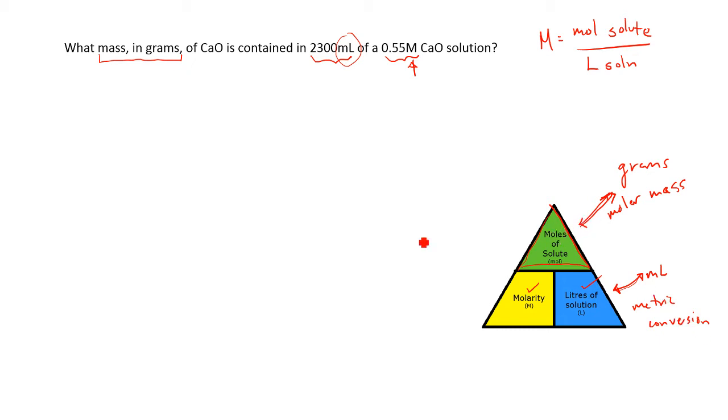Now, because we know that we want grams, but grams is really hiding out here in moles, we're going to write the formula: moles is equal to molarity times liters. So we've got molarity on the left, liters on the right. They're related across this barrier, and so it's a multiplication problem. If I want to get ready to plug in, I know my molarity, so I can just stick that in.